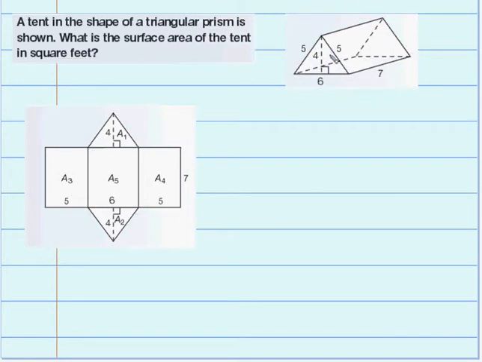Okay, here's a triangular prism, and we need to find the surface area in square feet. So one of the things that you can do is make a net of the prism. And you know that, since it's a triangular prism, you have two bases that are congruent triangles, and then you have to determine the lengths of the other sides.